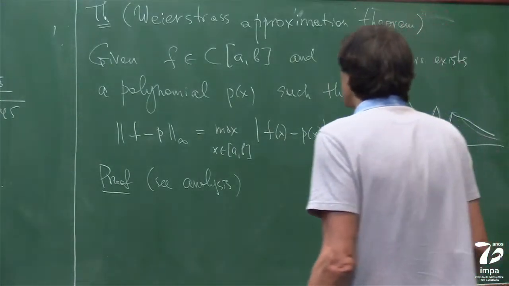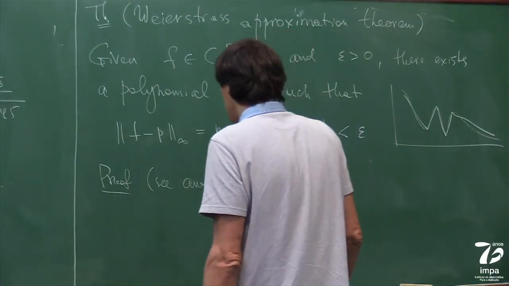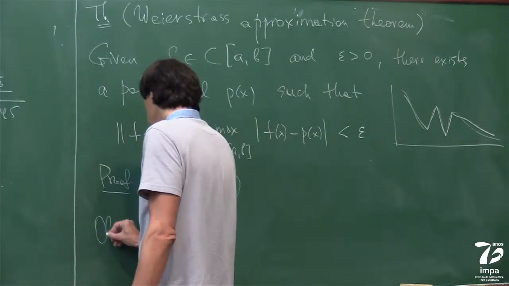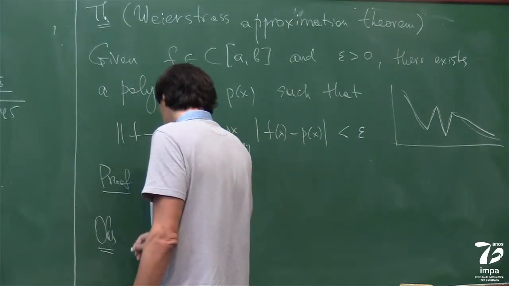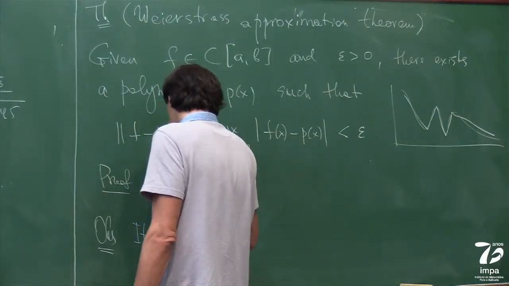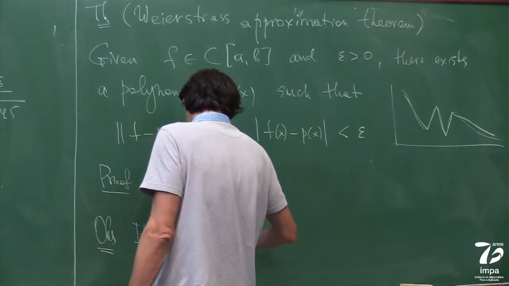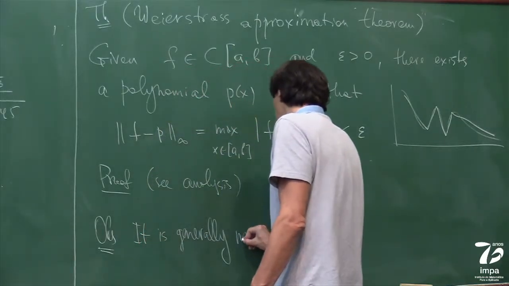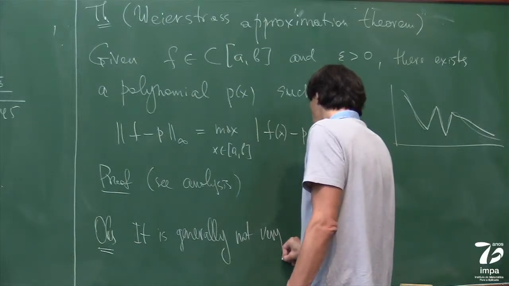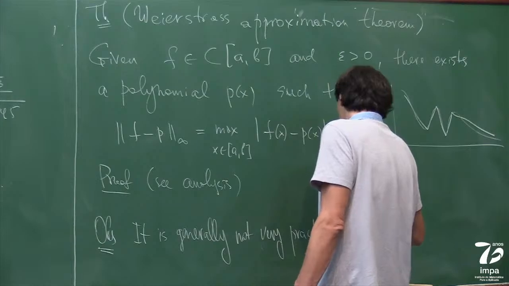So it gives you that in principle polynomials are good to approximate, but there is a problem. For practical use, it is generally not very practical. Why?